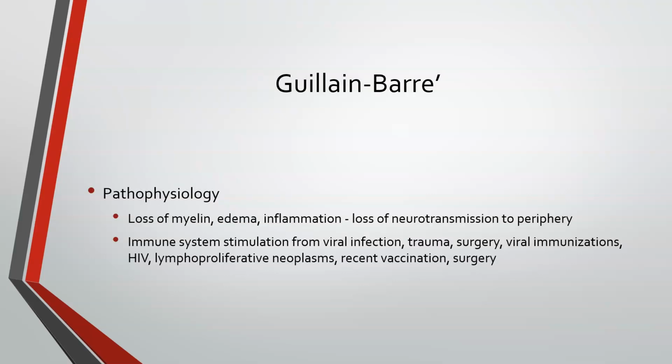Our next exemplar is Guillain-Barré. The immune system attacks the peripheral nervous system. Guillain-Barré is usually preceded by some type of viral or bacterial infection, and this can be a result of an immune mediated pathological process.